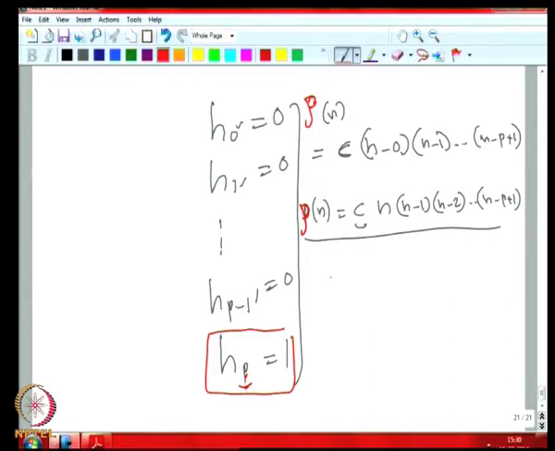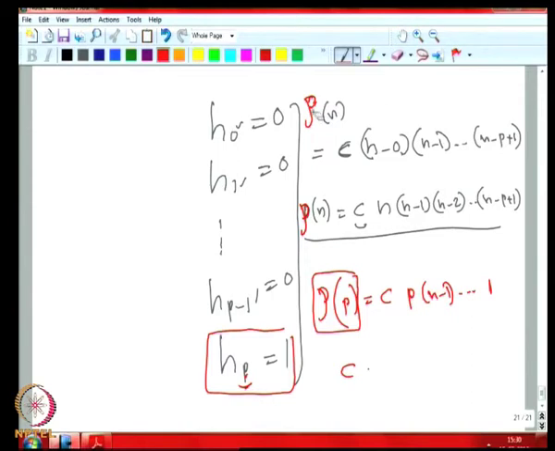When I substitute n equal to p, this will look like c into p minus 1 up to p minus p plus 1, which is p factorial, so the value of this thing is already known.